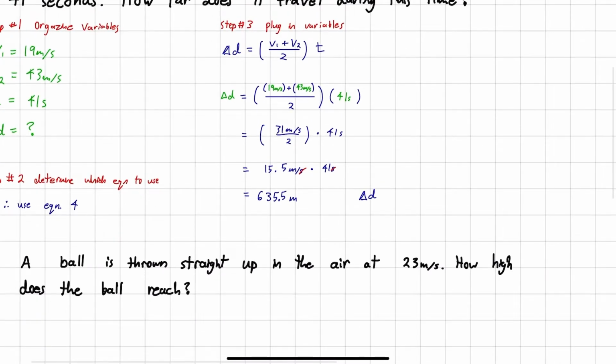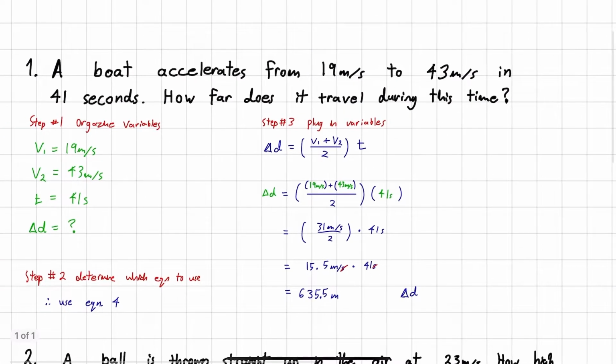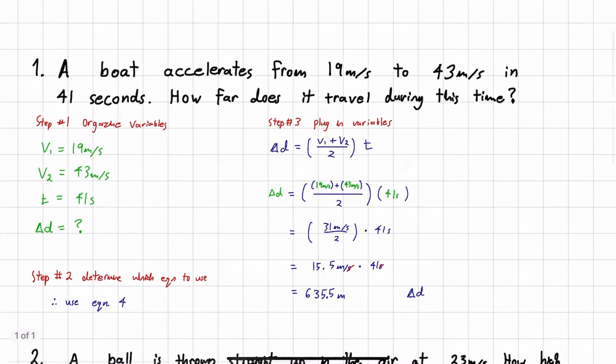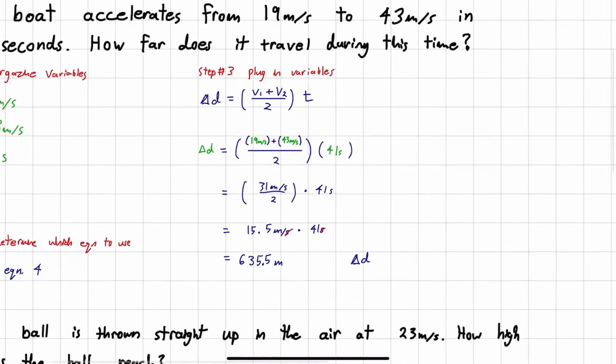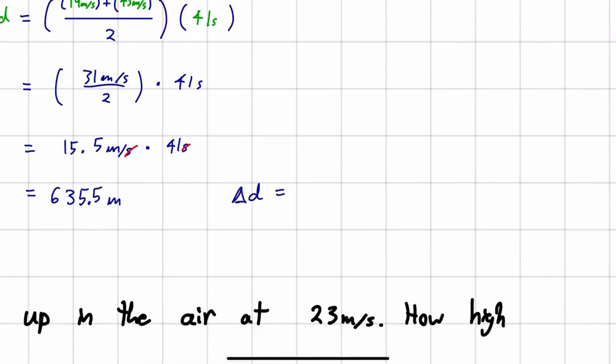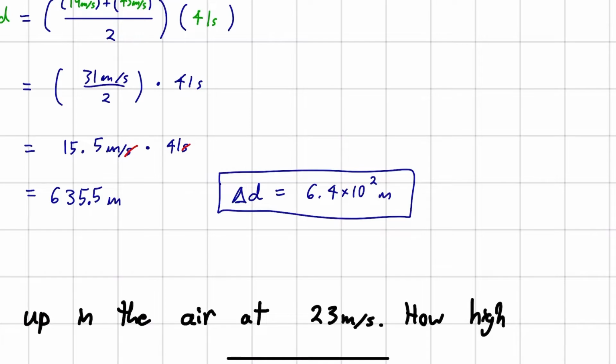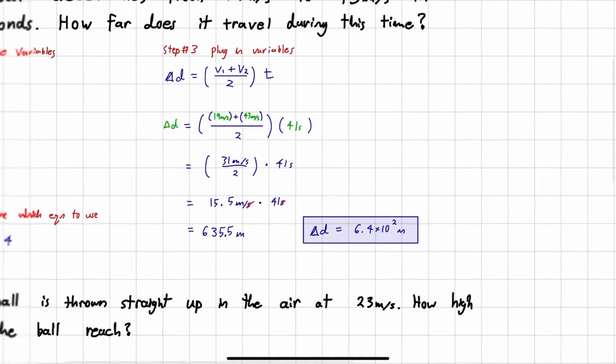And for our final answer, we want to keep just 2 significant digits because that's all we're given in the problem. So in terms of 2 significant digits, here we have 6.4, and we're moving this back here. This decimal goes 2 spots back, so times 10 to the 2 meters. That is our final answer for question 1.